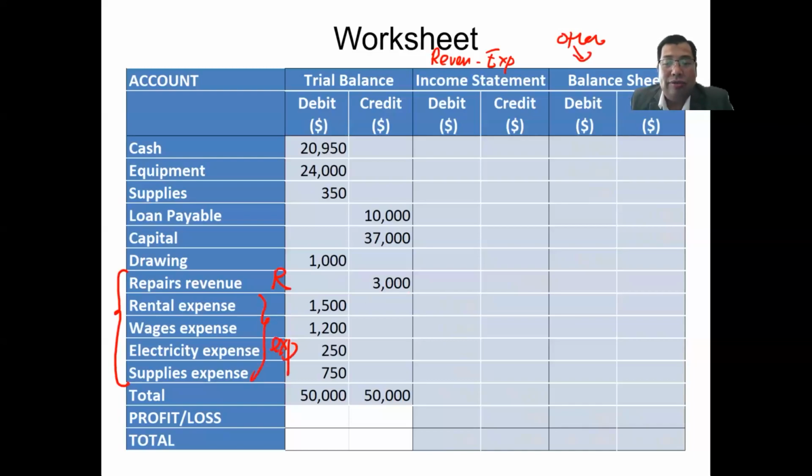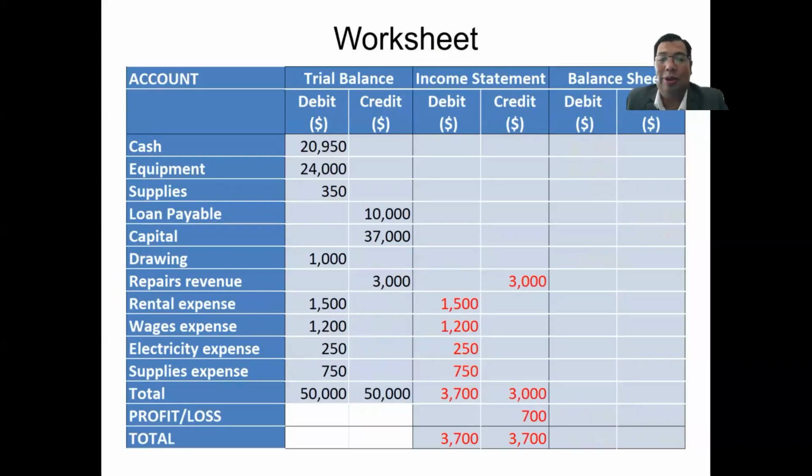So we're going to transfer this figure to your income statement. For example, your revenue is credit, so I'm going to transfer it to the credit. This figure is debit, so I'm going to transfer it to the debit side. So this is your income statement. Let me show you how you're going to do this. So this is how you're going to do that.